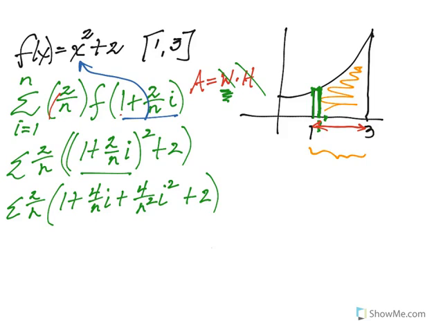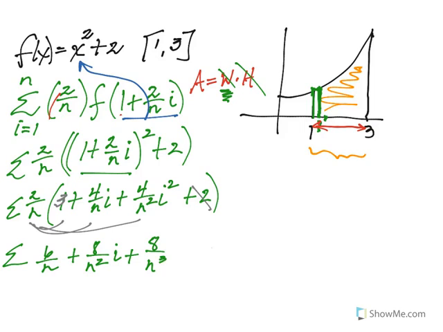All right, so let's continue to clean up in here. The 1 and the 2 combine to give me 3 there, and then I'll distribute this over all 3. So this gives me the sum of 6 over n plus 8 over n squared i plus 8 over n cubed i squared.